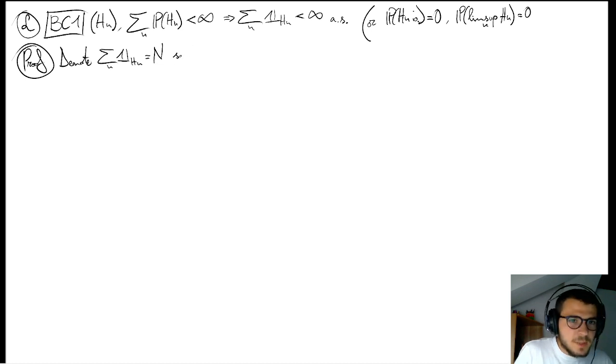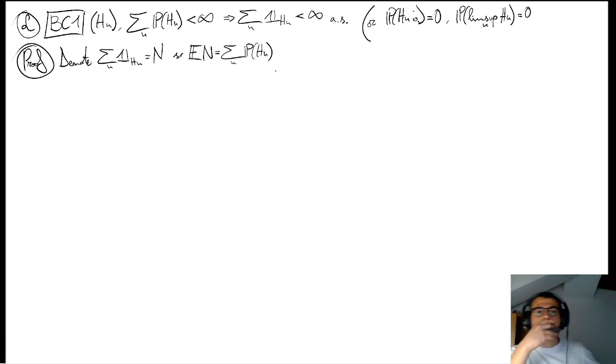So the expectation of n, this is the sum of Bernoulli random variables. No, it's the sum of the probabilities. Why? Because the expectation of a Bernoulli random variable is the probability.